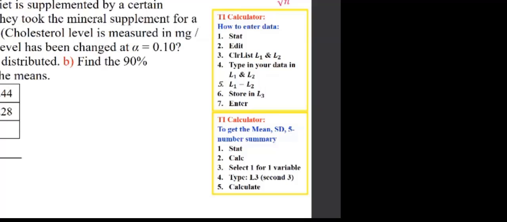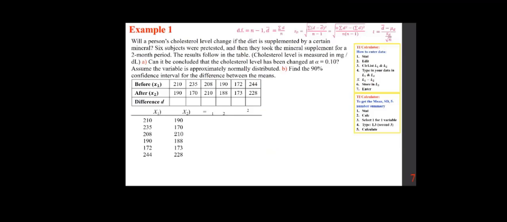And when you do your test of hypothesis, or even if you want to calculate the mean, standard deviation, 5-number summary, remember what we do. We do stat, calc, we select 1-variable stats, type L sub 3, second 3, and calculate. So we do the calculation on L3.